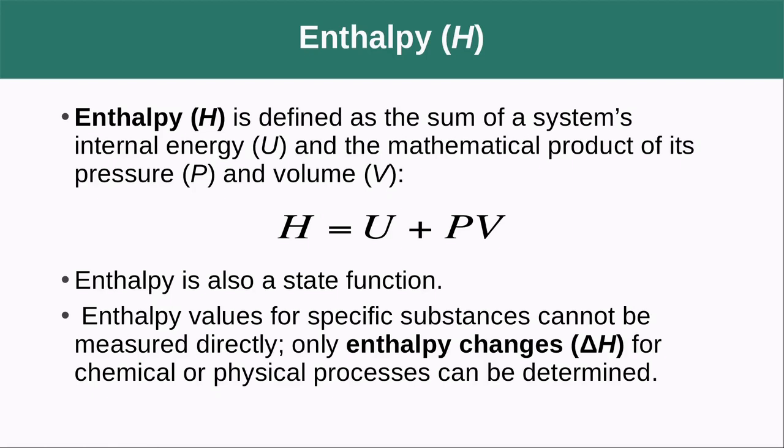Enthalpy is also a state function, and unlike internal energy, we cannot calculate the absolute enthalpy of a substance. But again, we're not very concerned about the enthalpy inside the substance. We're concerned about how the enthalpy changes during a chemical or physical process.